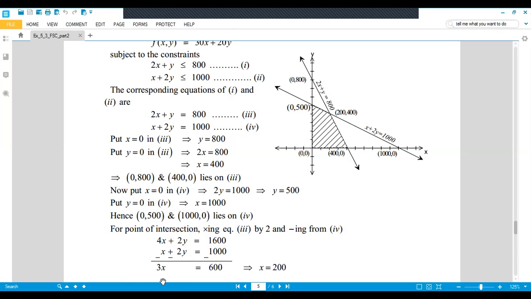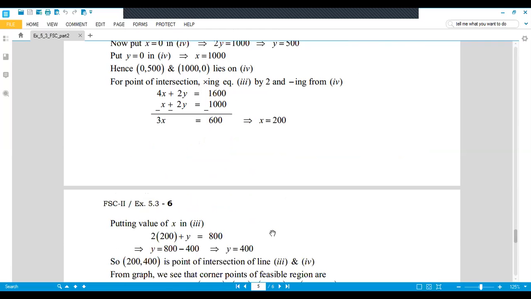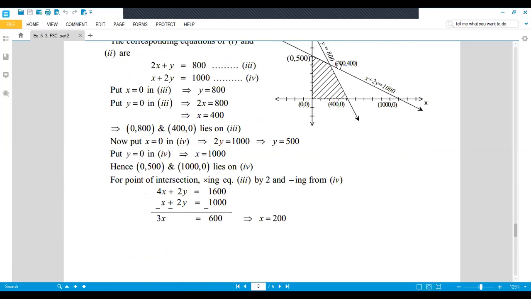When we subtract, we get 3x, the 2y cancels, equals 600. So x is equal to 200. Now put x equal to 200 in equation number 3, so you get the value of y. So (200, 400) is the point of intersection.